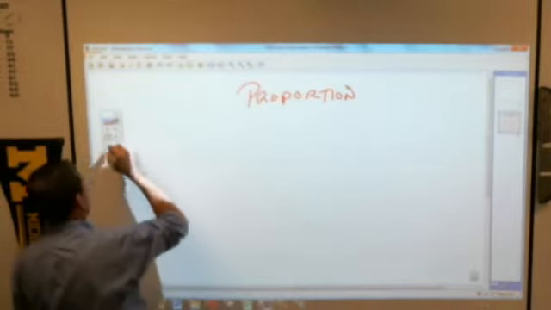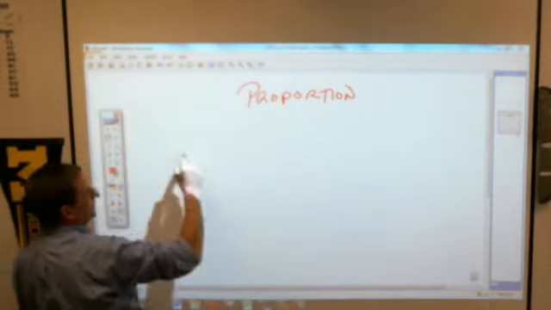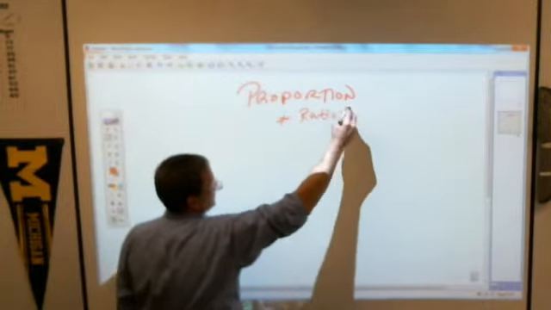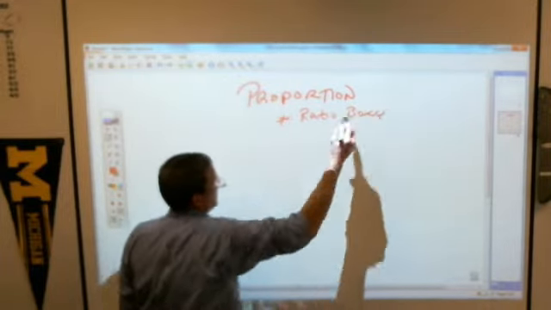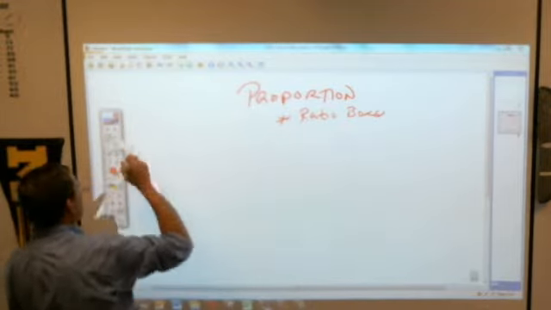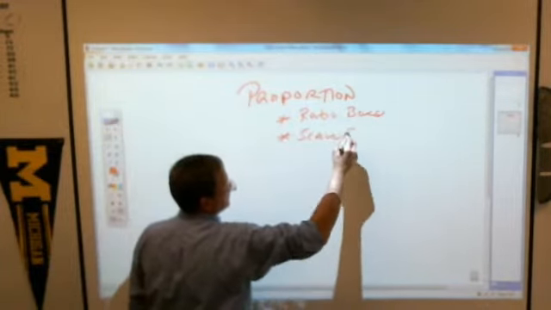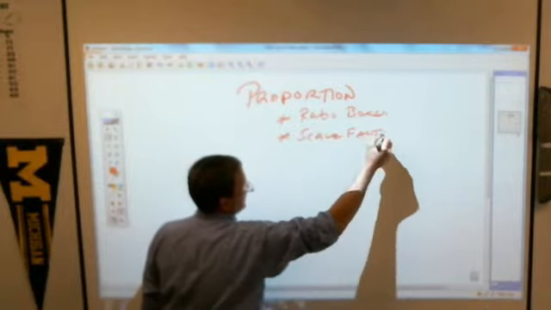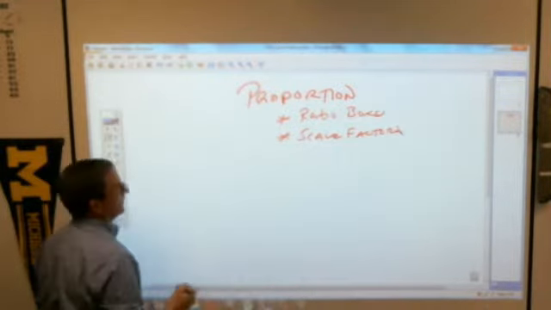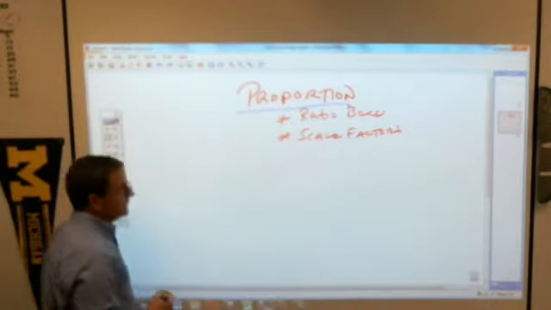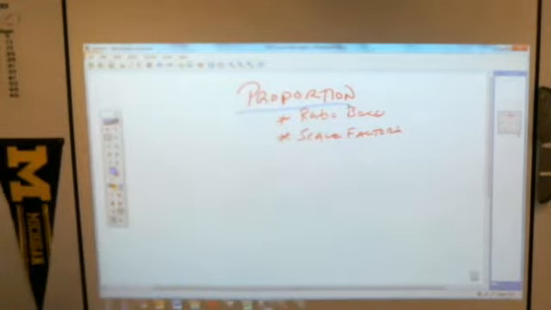And under the little proportion section here, really it fits ratio boxes and scale factors, all that sort of stuff. It works for multiple things. It's just a good, easy way to get to know something or to do something there.